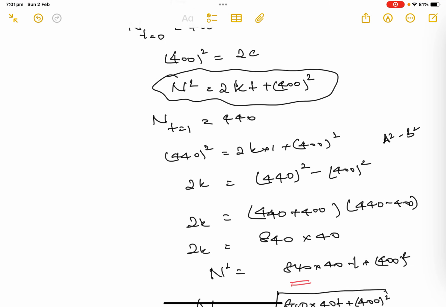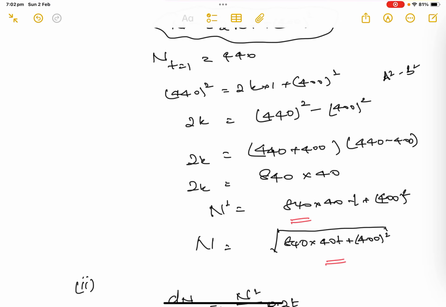Now we need to find the value of k. But we have another piece of information: n equals 440 when t equals 1. So substitute that: 440 squared equals 2k times 1, since t is 1, plus 400 squared. Rearranging, 2k equals 440 squared minus 400 squared.